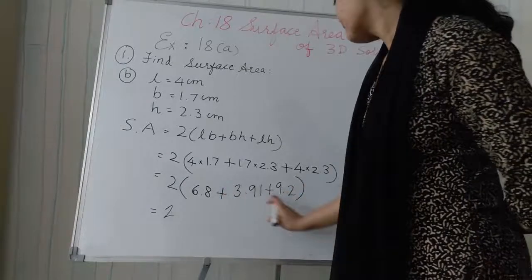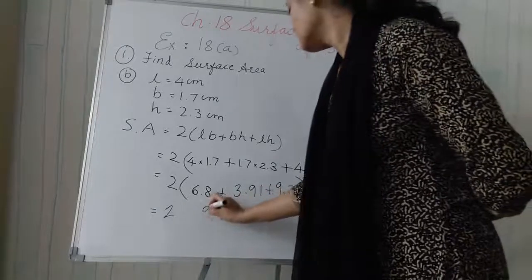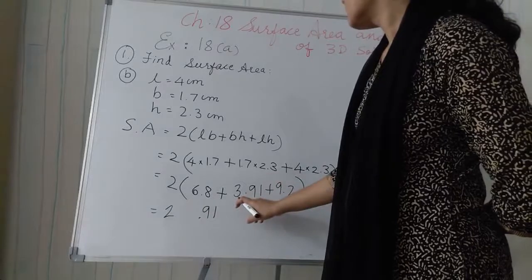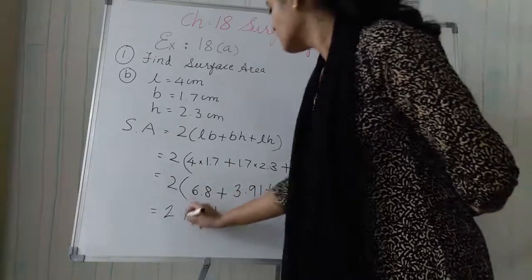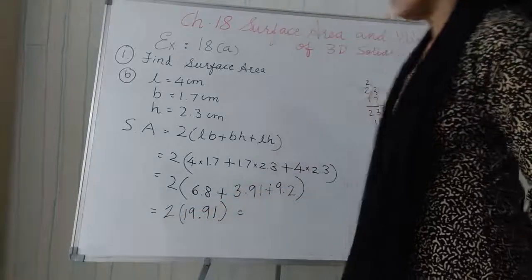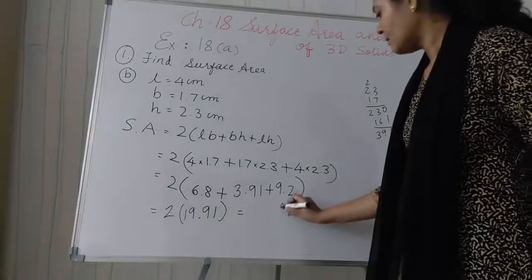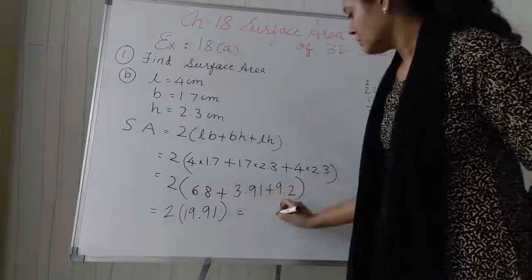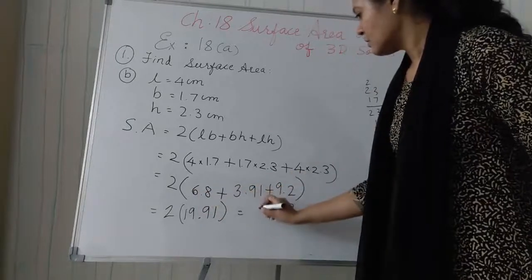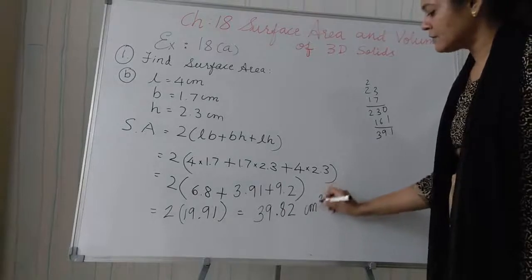This is 19.91, which I multiply by 2. So I get 39.82 centimeters square.